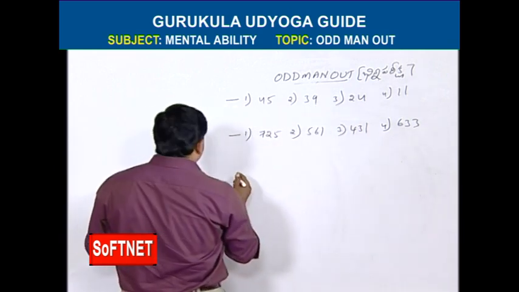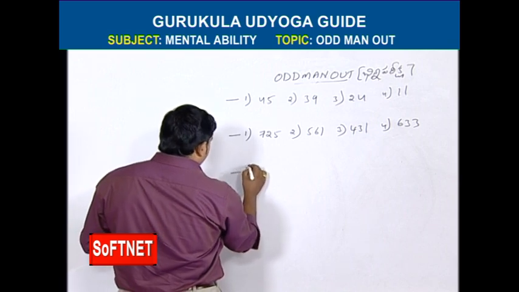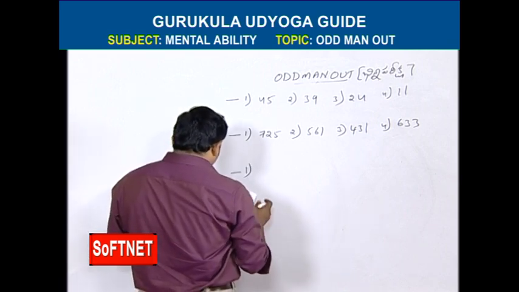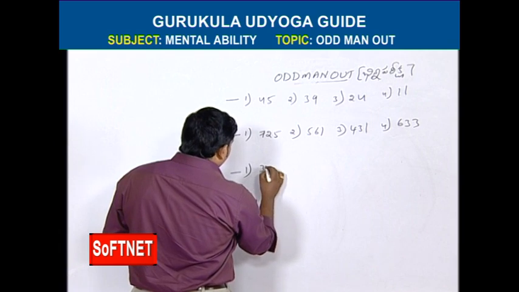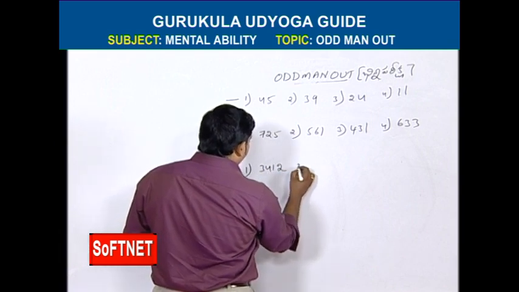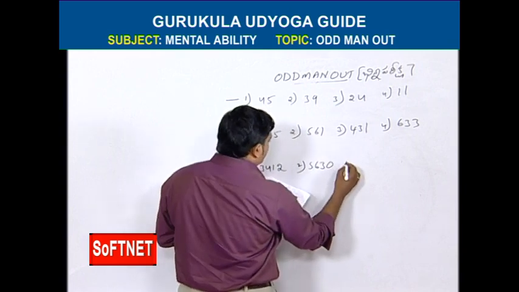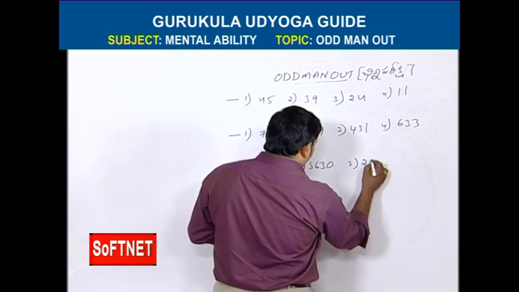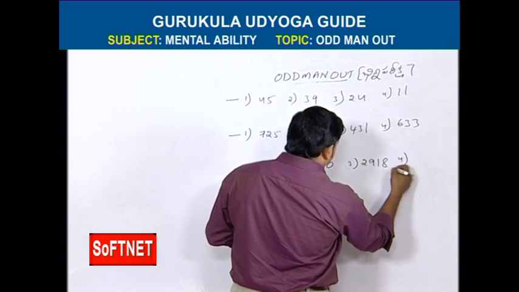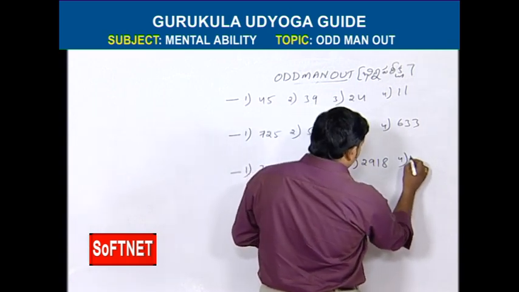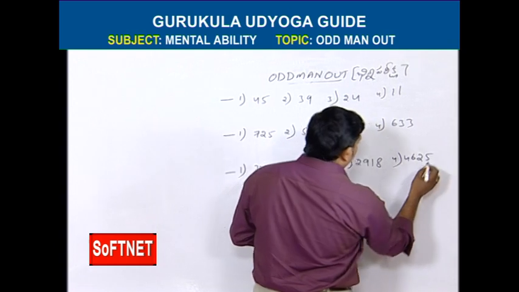Next question: first option is 3 4 1 2, second option 5 6 3 0, third 2 9 1 8, fourth option 4 6 2 5.